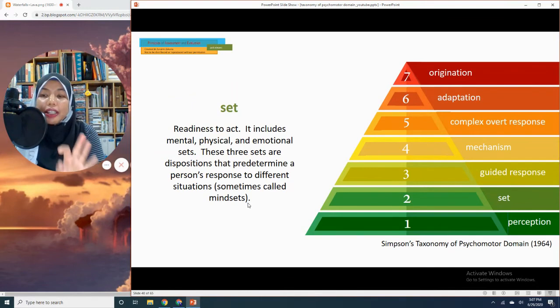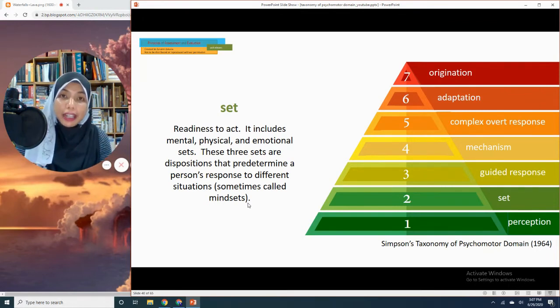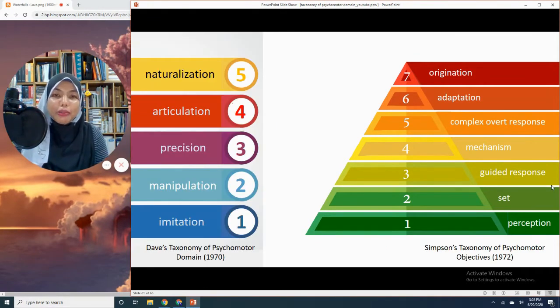Now, this third stage, which is guided response, is a level similar to Dave's first stage, which is imitation. Basically, the rest of the levels from stage 3 until 7 are very much similar to Dave's. So these are the two taxonomies side by side. We have on our left the one by Dave, as well as on our right, the one by Simpson.